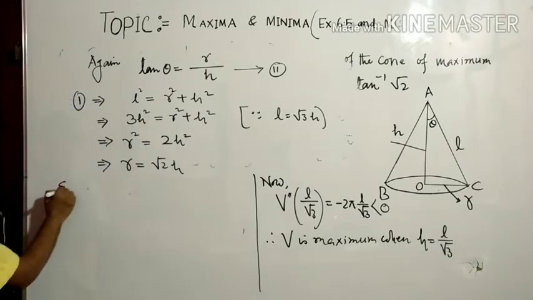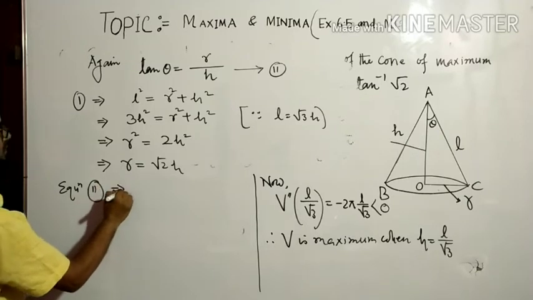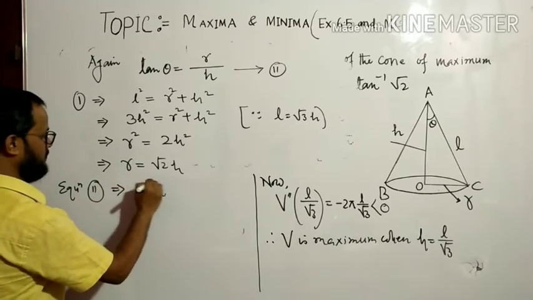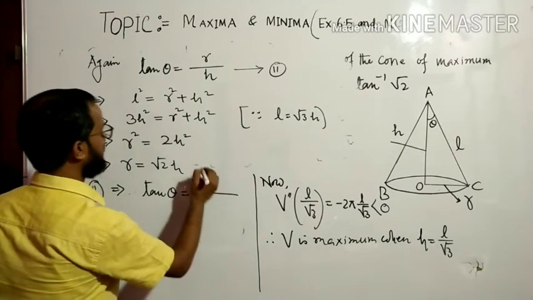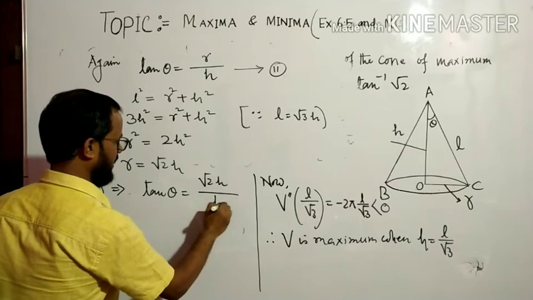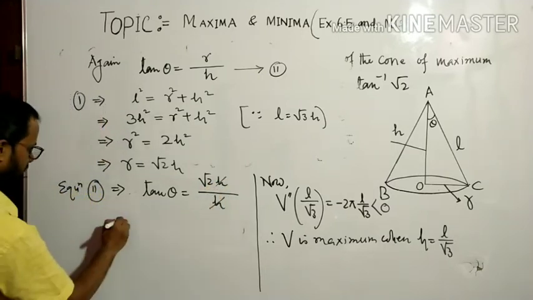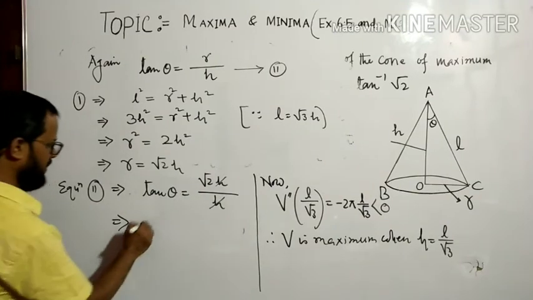And now 2 implies, go to equation 2, you are to find theta. Therefore equation 2 implies tan theta equal to R, which can be replaced by root 2h, divided by h. So h cancels, implies tan theta equal to root 2, implies theta equal to what?